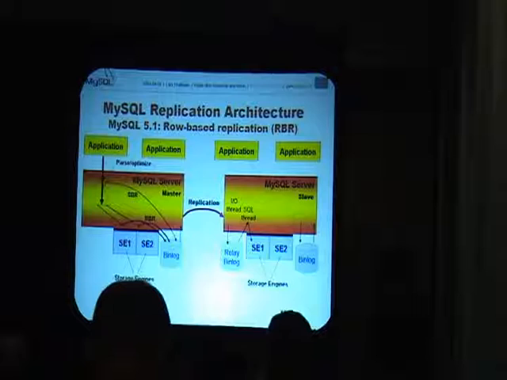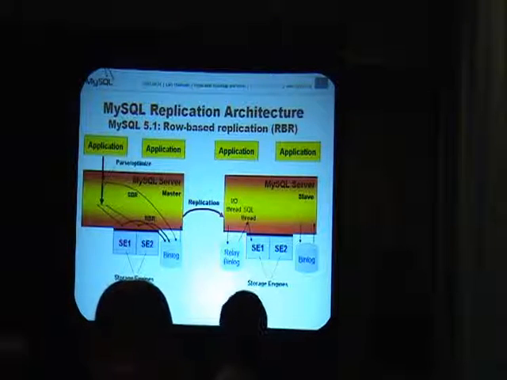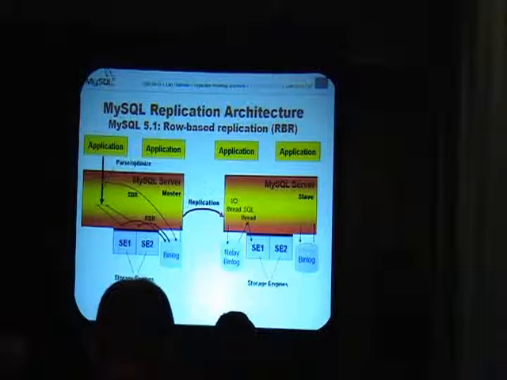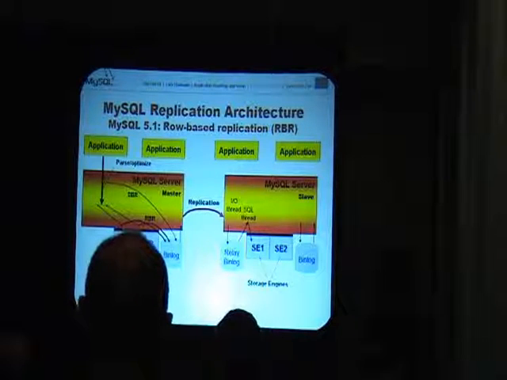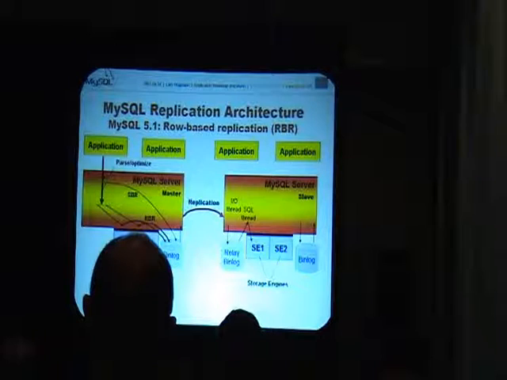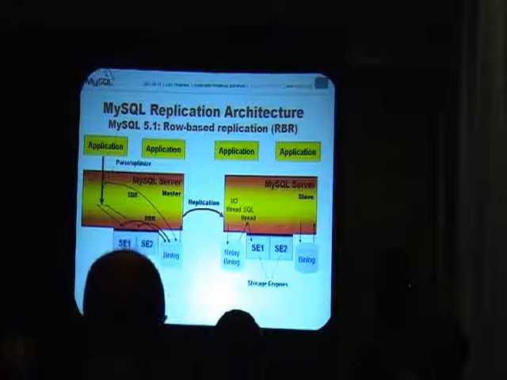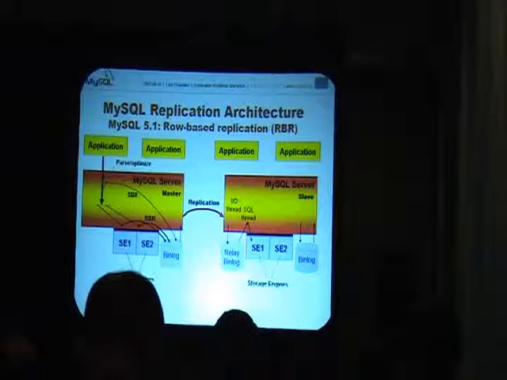It's also the case that just before you go to the storage engines, like MyISAM and InnoDB, you have the rows of data which should go into the storage engine. And in 5.1, we can catch these rows and we can log them. So in 5.1, we have both the statement base, where the statements are replicated, and we also have the row base where the data is replicated.